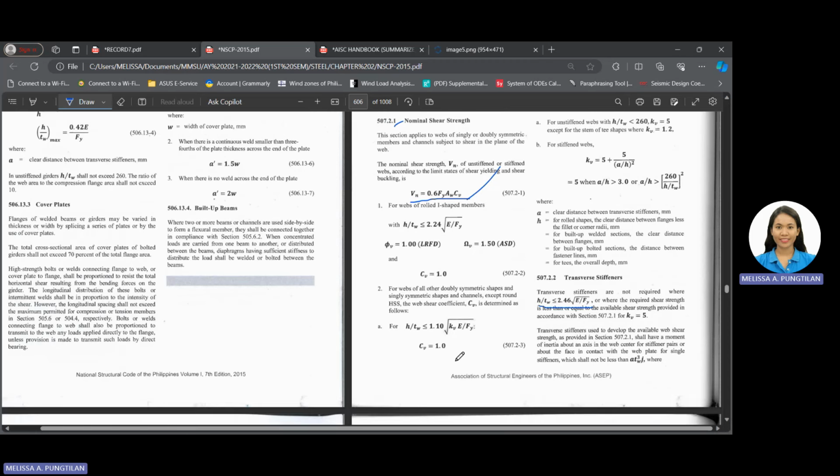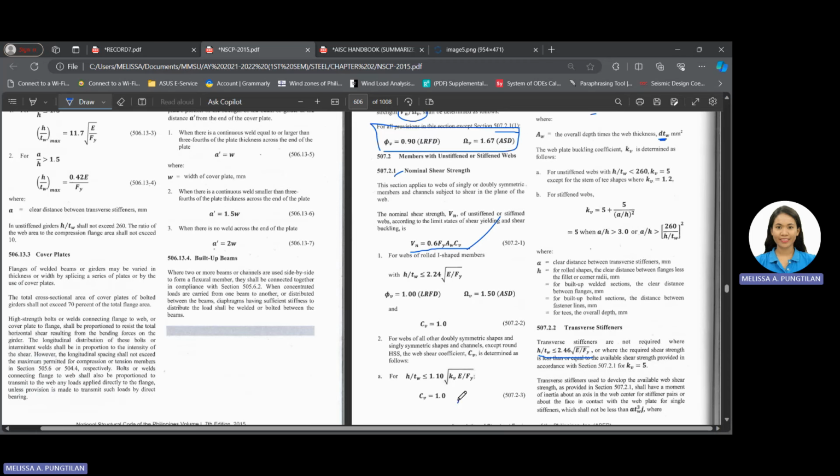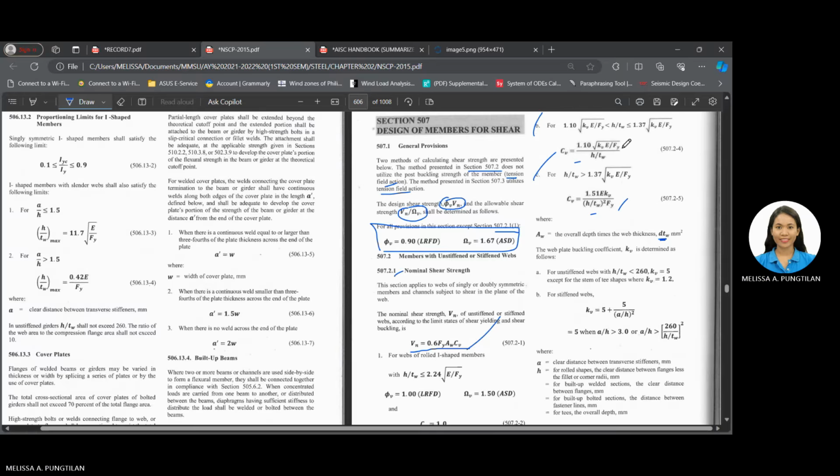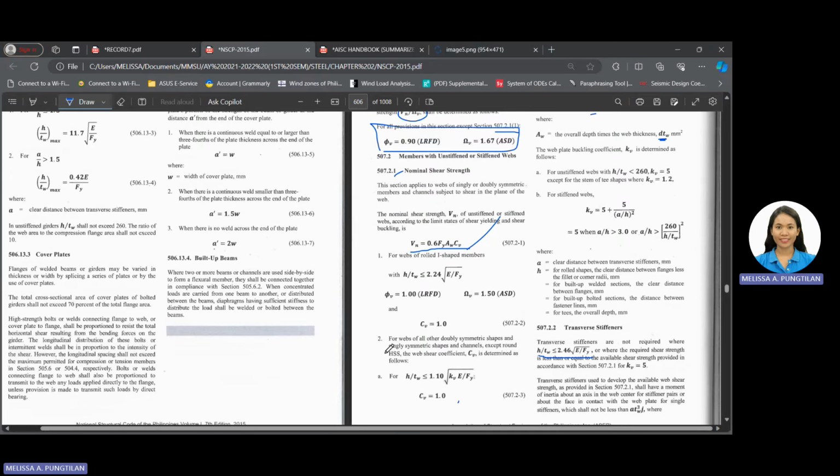So, yung formula natin for Cv is provided here. Yan. Depende na lang kung ano yung section natin. So, yung section natin is an HSS. So, this formula is for doubly and singly symmetric shapes and channels, except round HSS. So, pasok kasi rectangular yung HSS natin.